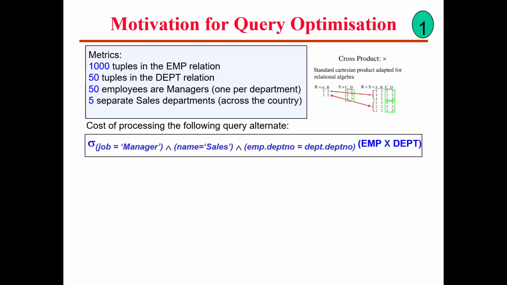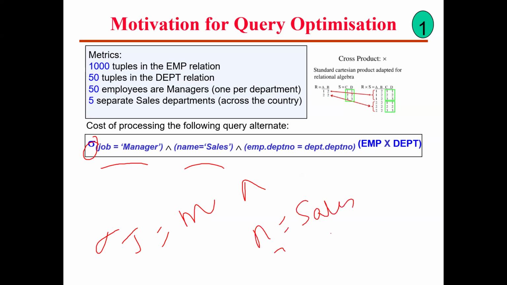In the first query, we are saying that we want to select all the employees who are working as manager in the sales department. So that's why we said select job equals manager, and department name as sales. Get me all these things.